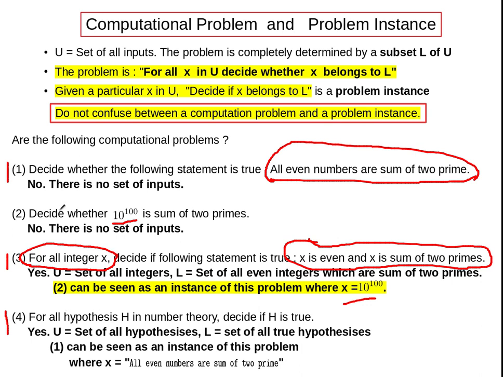What is the input? The input is this whole statement, as I mentioned before. Though I have written it as a plain English statement, you can formalize it with first order logic formalism, define an alphabet for that and encode it as a string.